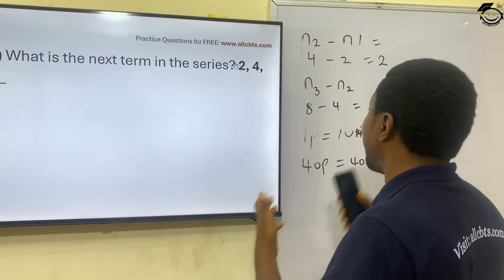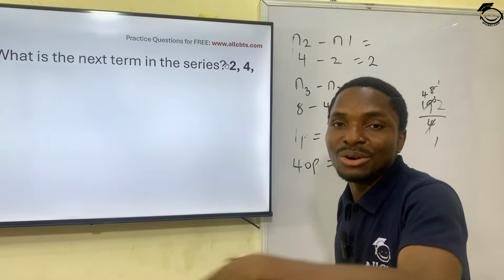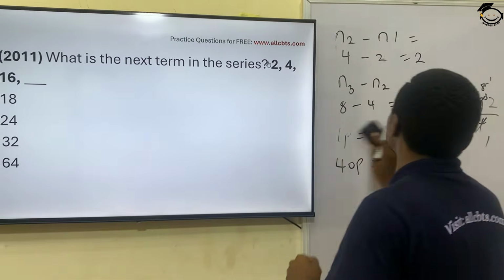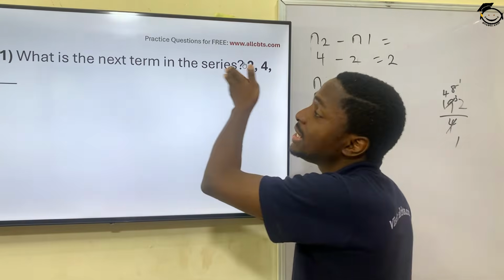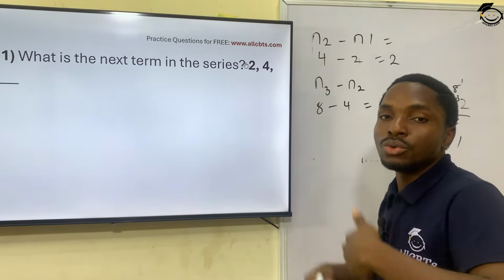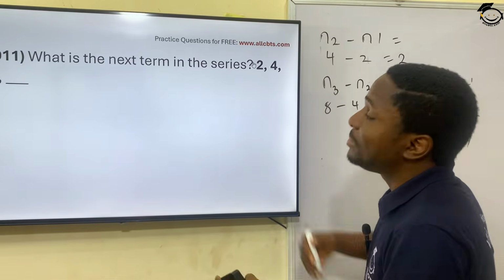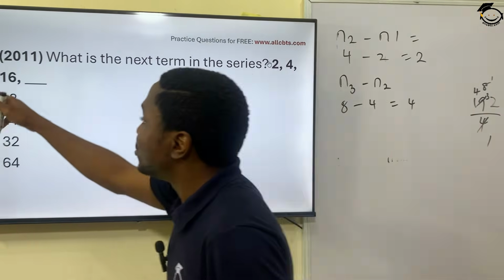Or it applies in another sense, in the sense that it is like a double of the number. Because we need to know the pattern to be able to know what the next number in the series would be. You have to study the pattern, the preceding pattern, or the pattern that comes before. So we have done for the first two, we've done for the third one. Let's see the fourth one.